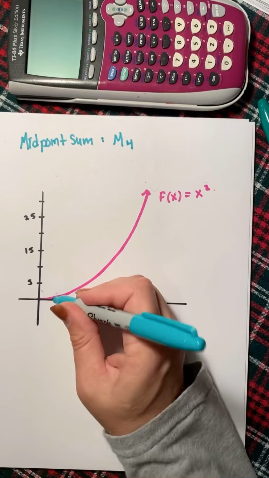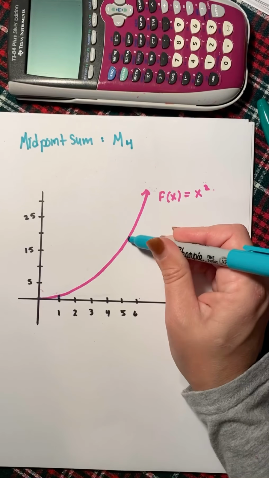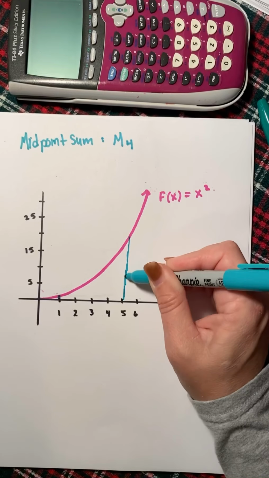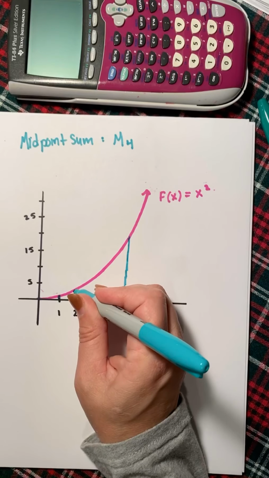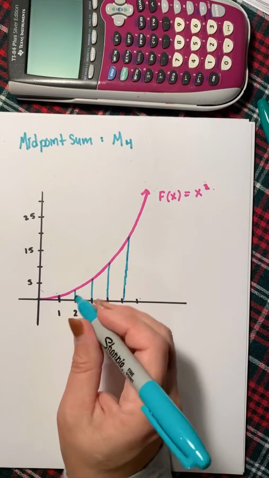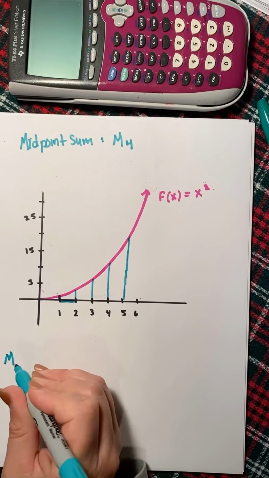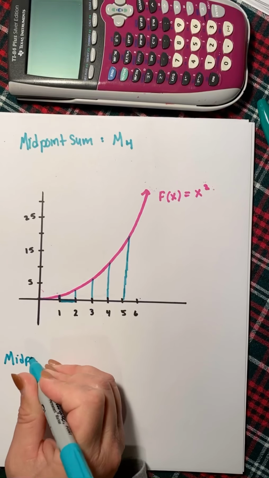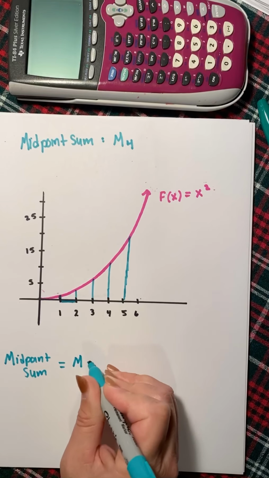So to find a midpoint sum for the area under the curve f of x equals x squared, I'm going to still do this, right? But this time I'm going to use a midpoint sum, we'll use the abbreviation M4.